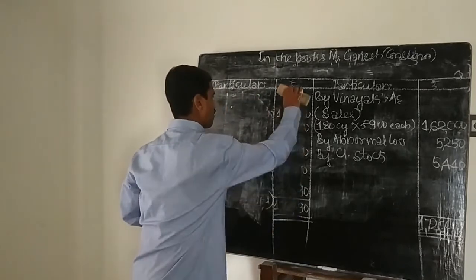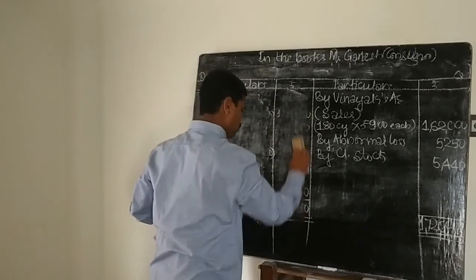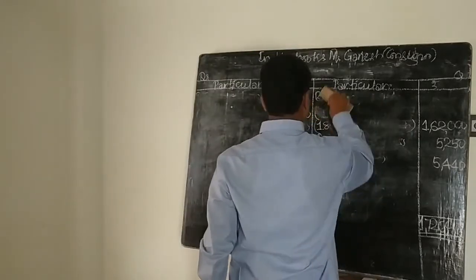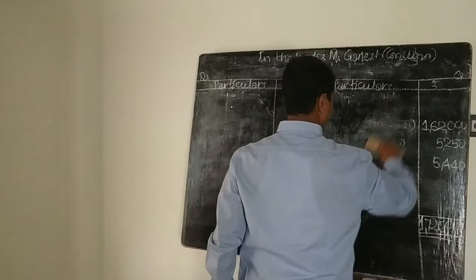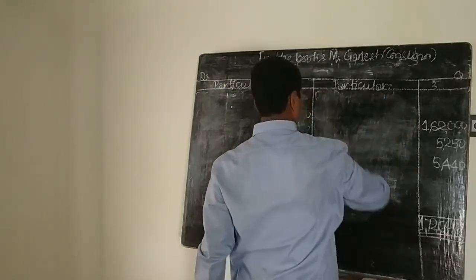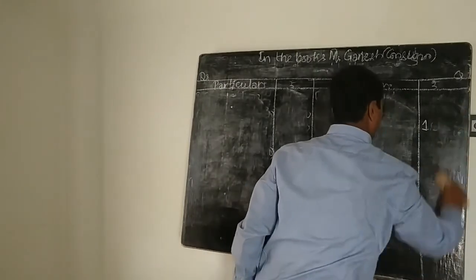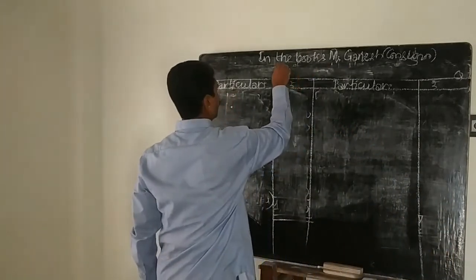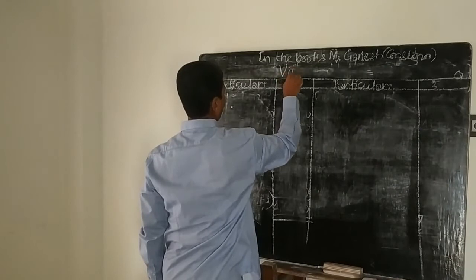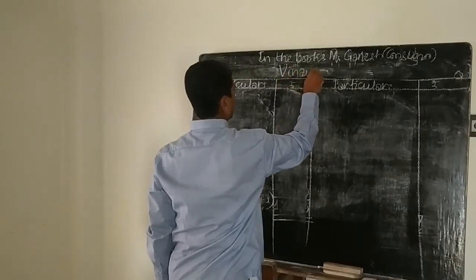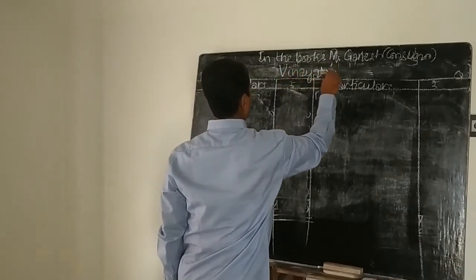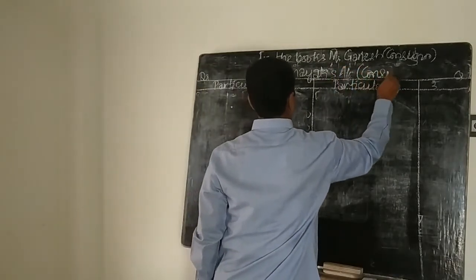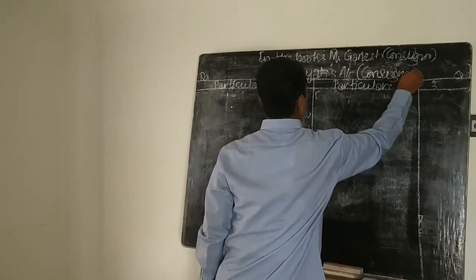This is in the nature of personal account here, so consignee's account. So I will write down here Vinayak's account, in the bracket you write consignee here.